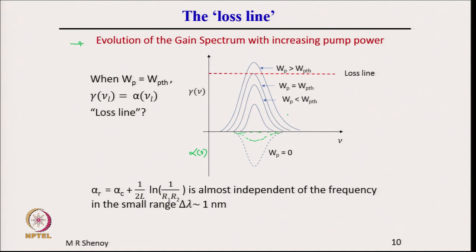So, all the WPs which are shown are WP greater than WPT. What is this T? This is for transparency. We will use T for transparency, the subscript transparency, and TH for threshold.